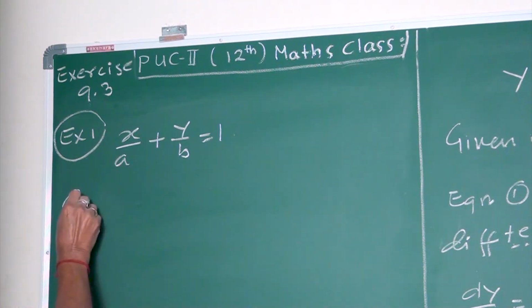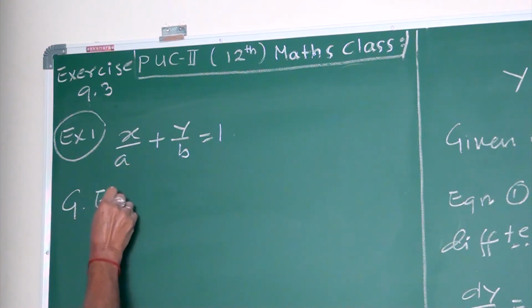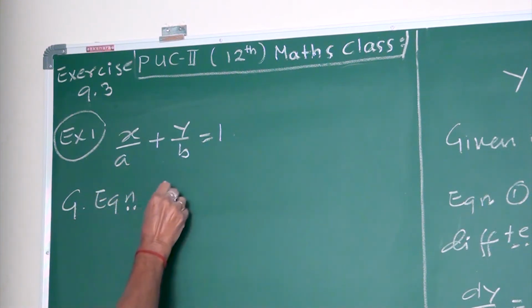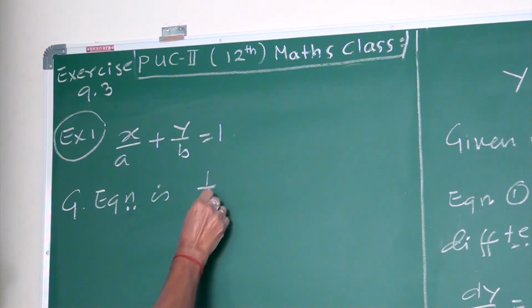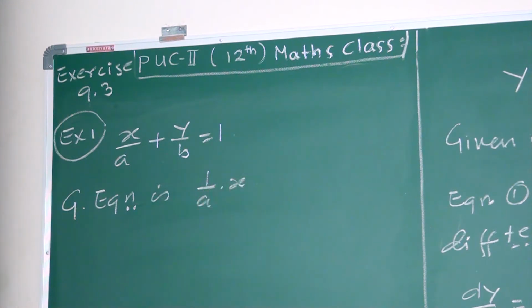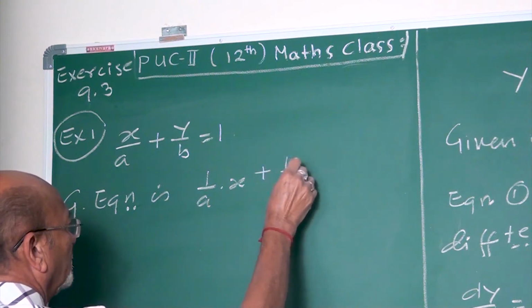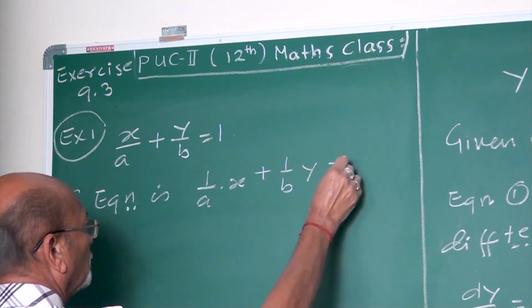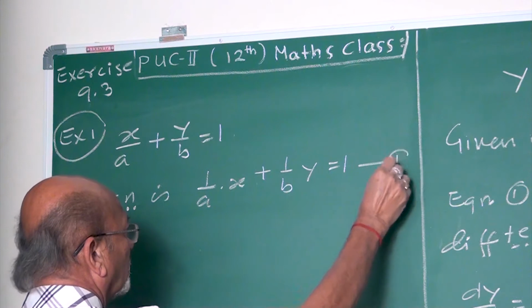What is the given equation? I write the same as (1/a)x + (1/b)y = 1, to make it convenient for the differentiation. You name this as 1.